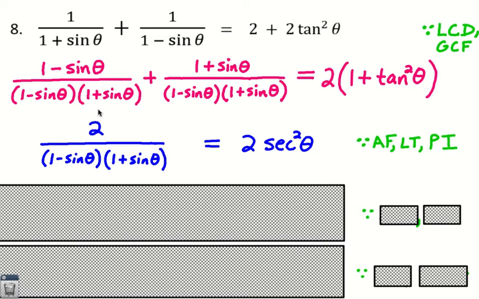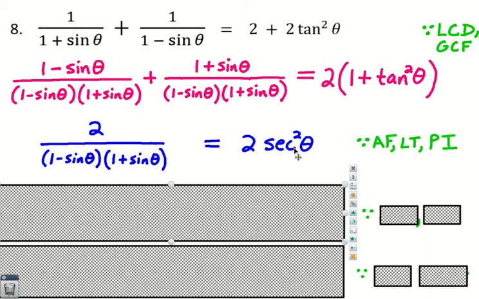So, what do we do now? What can we do? The left side and the right side still don't match. We're probably going to now finally change secant squared into just sine and cosine, right? I'm not sure this is what I did, because there's a couple different choices right now, isn't there?